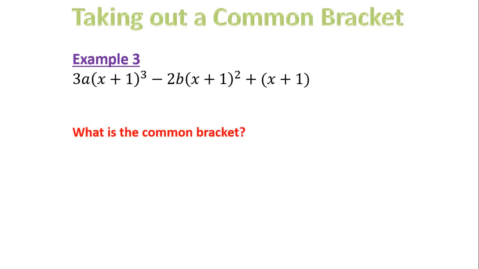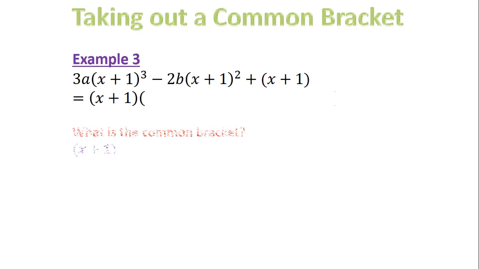In my first, second and third term, you can see that it's x + 1. Although there's a cubed and a squared, the common bracket in all three terms is x + 1. And so we write down (x + 1).